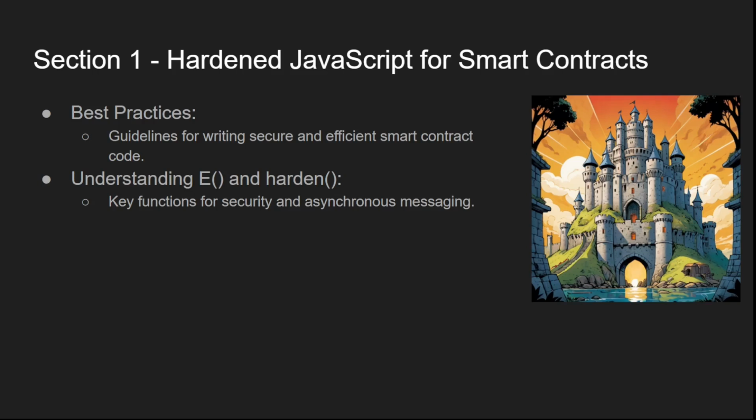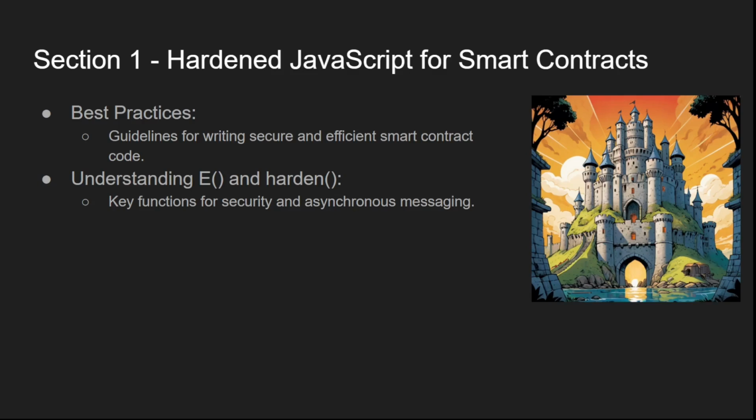We'll discuss guidelines that help minimize vulnerabilities and ensure that your code is both robust and maintainable. This includes principles like minimizing authority, keeping your code minimal and auditable, and consistently using harden to freeze objects and prevent tampering.